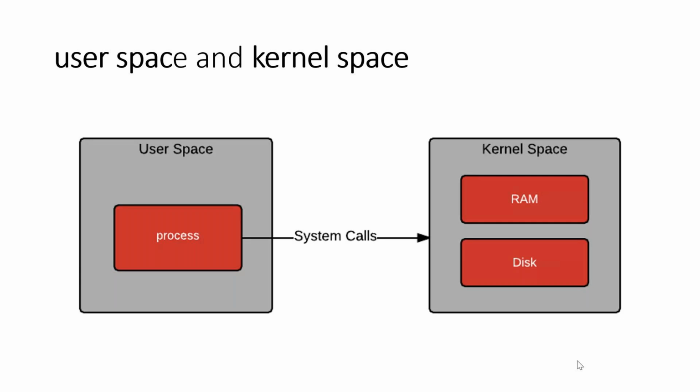System call. I remember that in one of my interviews, I failed this question maybe 10 or 12 years ago. I still remember that moment. They asked me, we are running applications in user space and kernel space; how does an application running in user space get RAM allocations, disk allocations and CPU?